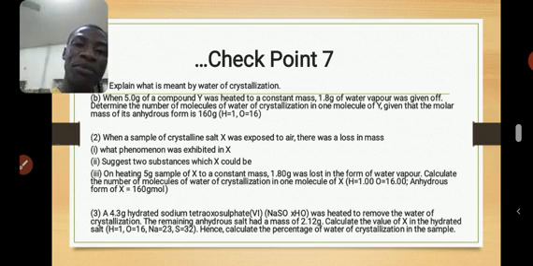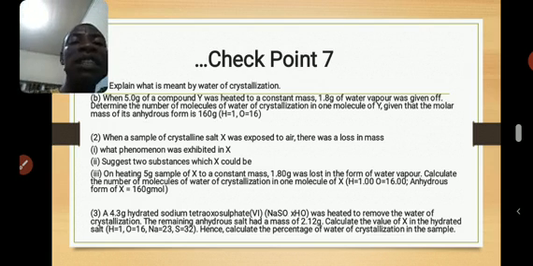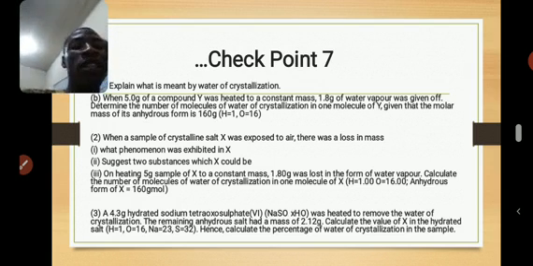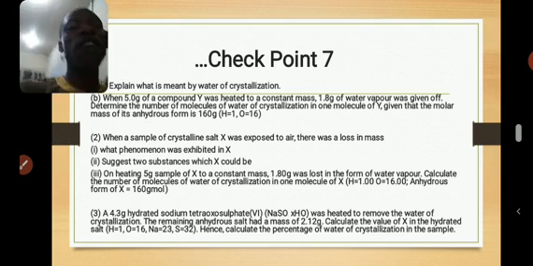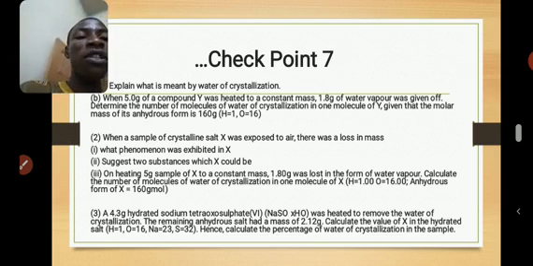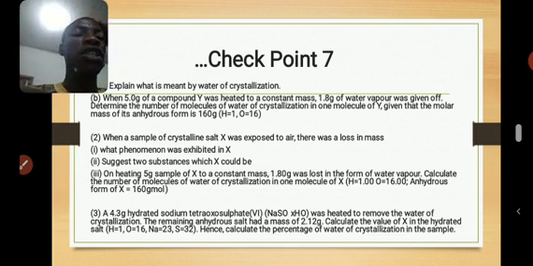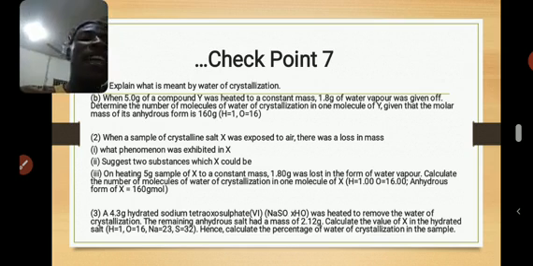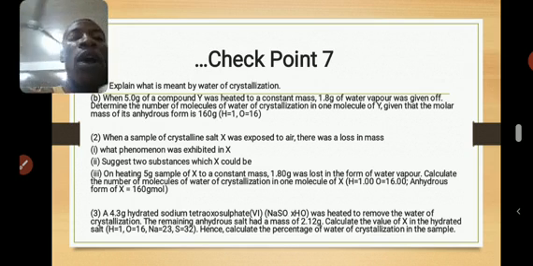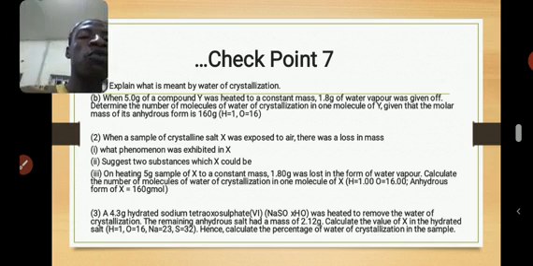Number 3. A 4.3 gram of hydrated sodium sulfate, Na2SO4 with X water. So we don't know the water of crystallization. They said it was heated. When it was heated, you know what happens. It's going to lose that water of crystallization. Then the remaining anhydrous salt had a mass of 2.12. Now you have seen that the mass left was 2.12.